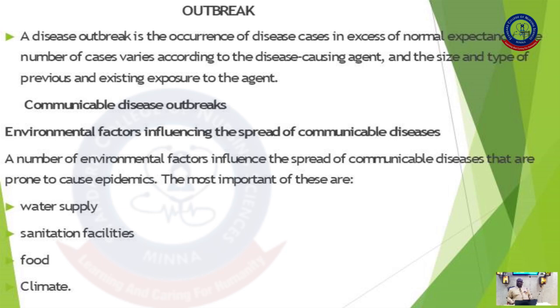A number of environmental factors influence the spread of communicable diseases, and the most important of those prone to cause epidemics is water supply. If a community has a common water supply that they all share, every member of the community consumes, cooks and drinks from the same source. Once the water is contaminated with a specific disease, it is liable to go around.